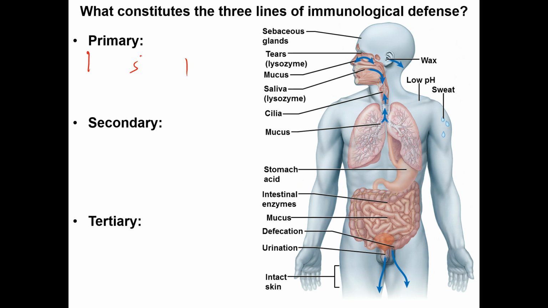You also have chemical barriers. So thinking about, for instance, tears. Your tears contain many chemicals, peptides, along with things like lysozyme that break down the cell wall of bacterial cells.